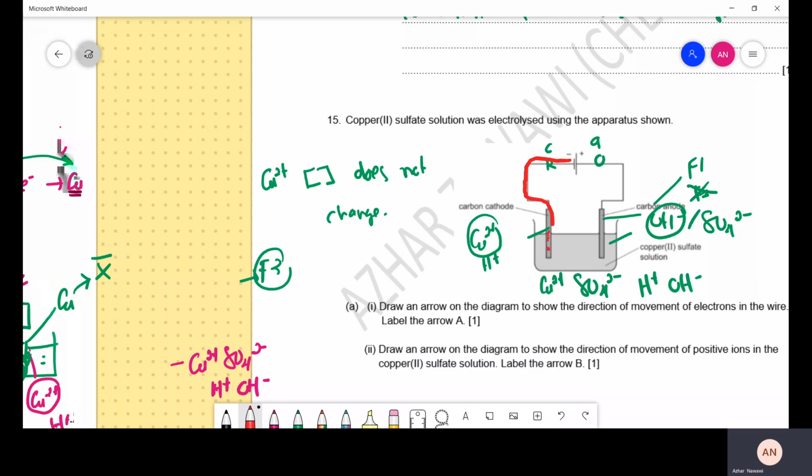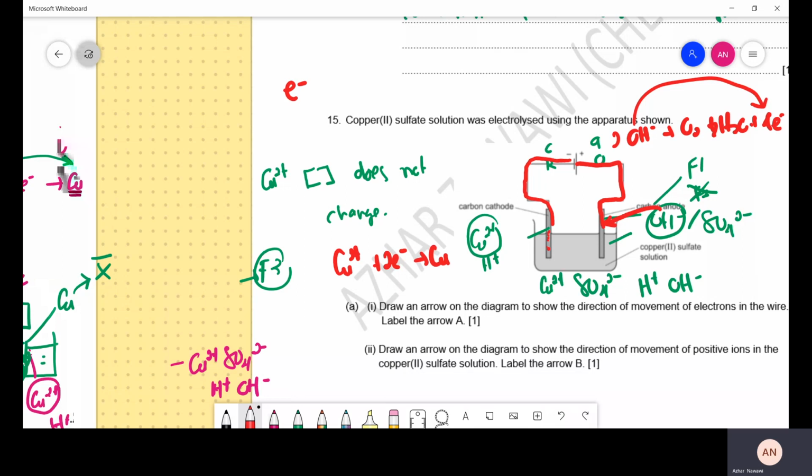So who will take these electrons? Cu2+ will take 2 electrons to become Cu, from the battery. At the same time, OH- donates electrons here and produces O2 plus H2O plus 4 electrons. OH- loses electrons, the electrons flow through the wire and come back to the positive, so they can flow again.